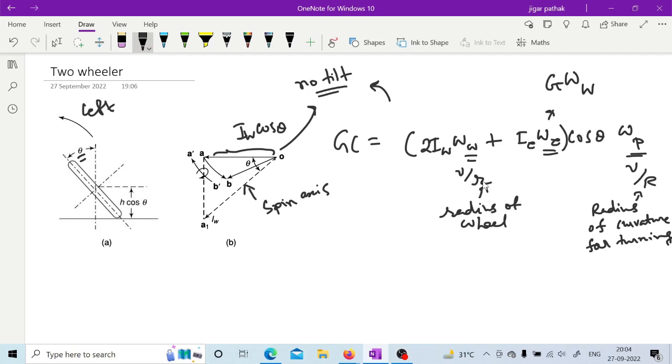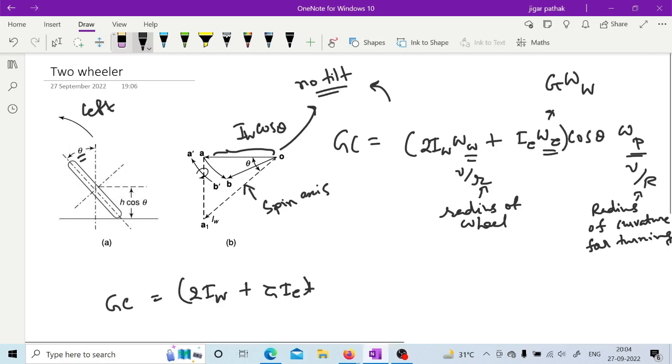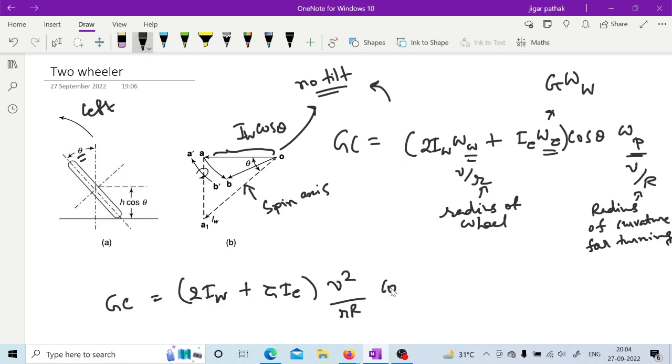So if you put all these values, then your final gyroscopic couple will come like I omega w plus v square by r into r cos theta. So this is how you will have a gyroscopic couple in case of two-wheeler.